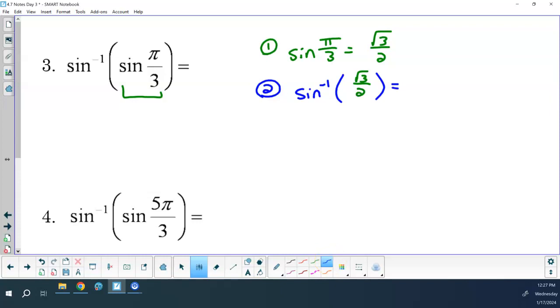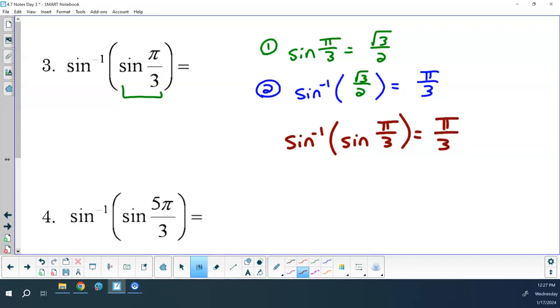Right half of the unit circle. Where is sine positive root 3 over 2? Well, that happens at pi over 3. So the inverse sine of the sine of pi over 3 is pi over 3, because that wasn't a quadrant 4 angle. We're good there.